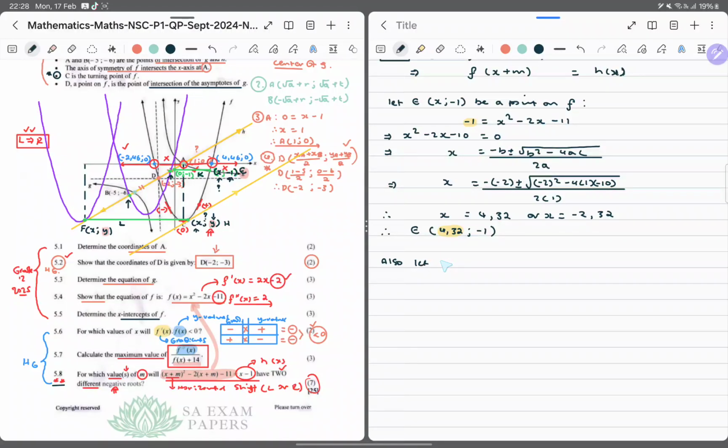Also let point H, with coordinates x and y, be the point of tangency between f of x and h of x. Because we know that this should be the point of tangency between the two graphs.